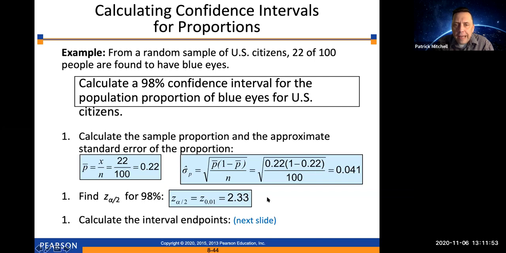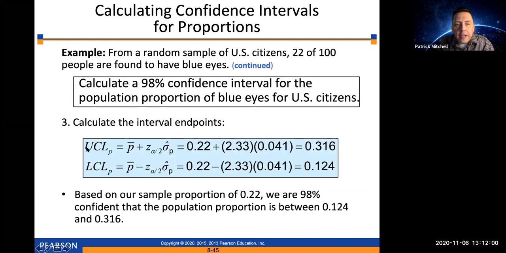Now we have all the ingredients to calculate our interval endpoints. The upper confidence limit is p bar plus z sub alpha over 2 times the approximate standard error of the proportion. So that's 0.22 plus 2.33 times 0.041, and that comes out to 0.316.